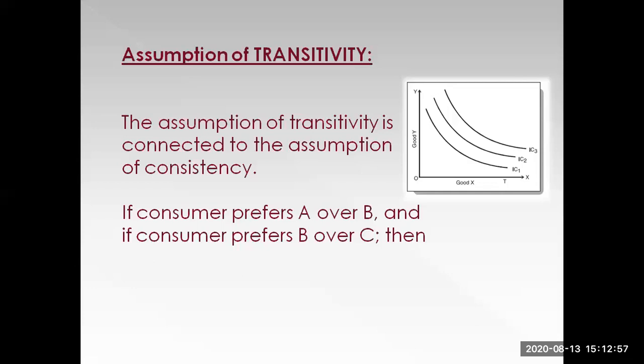I am here assuming the cardinal property of utility, because this entire approach is the ordinal approach to utility, which assumes that utility cannot be measured in numbers. But here, just for explaining this particular case, I'm assuming that utility can be measured in cardinal numbers.